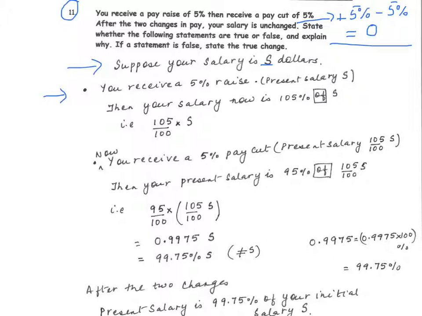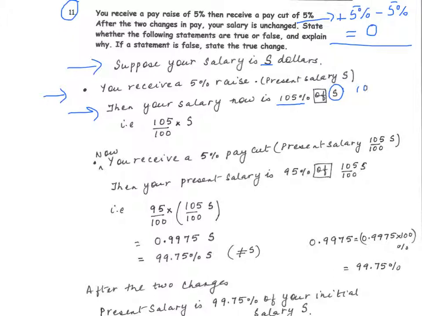It's a 5% of your present salary. So now your salary is 100% plus a 5%. So that is, your salary now is 105% of what you were earning, which is S.